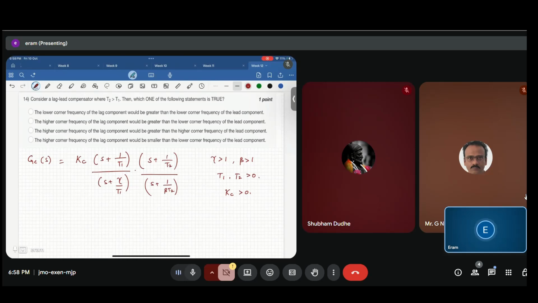The alpha which was here we have shifted to 1 by alpha equals gamma, so that's why gamma is also greater than 1.